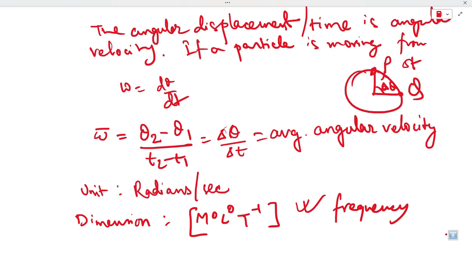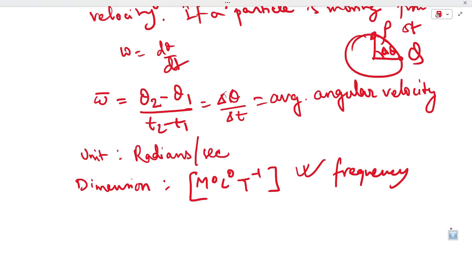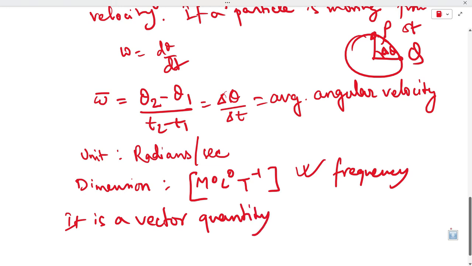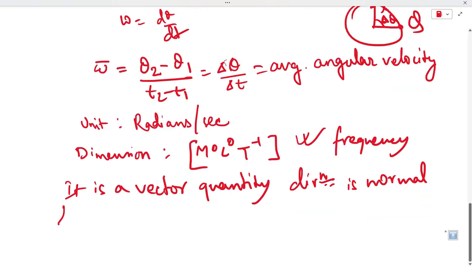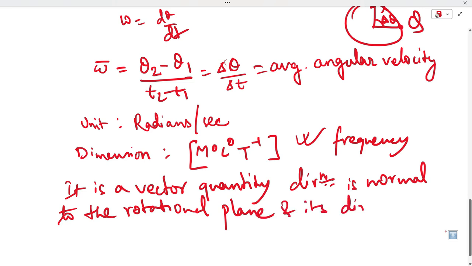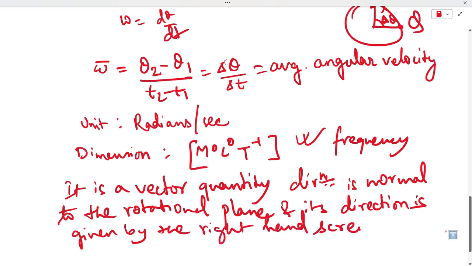This is a vector quantity. Right hand screw rule.